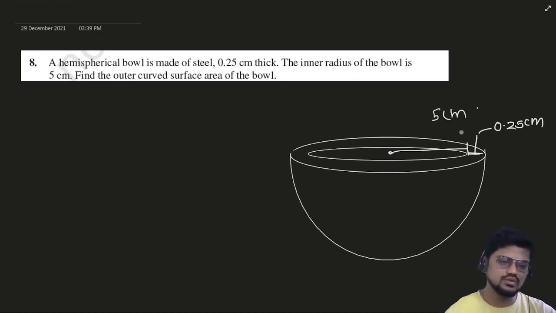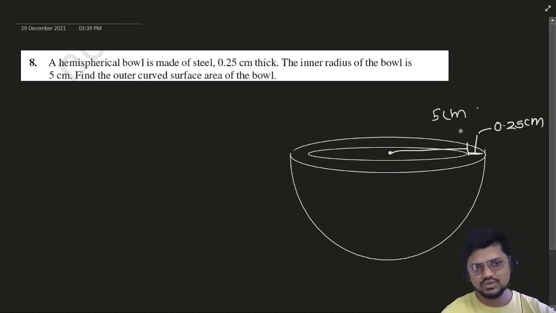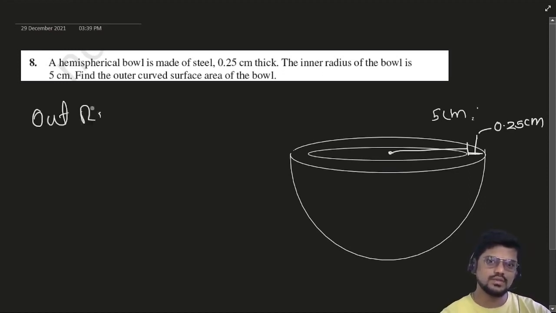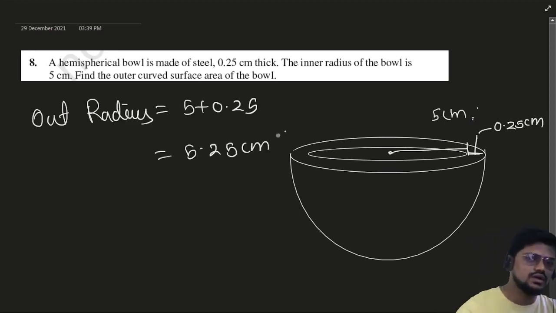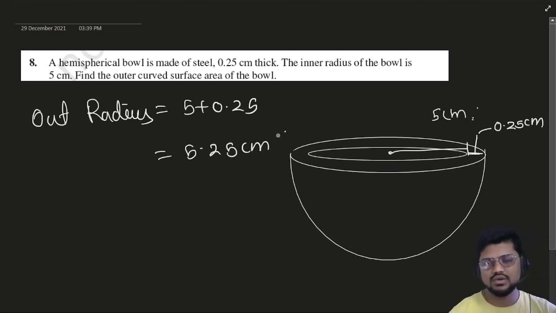Now if you want to find the outer curved surface area of the ball, so if this is 5 centimeter, what will be the outer radius? Your outer radius would be 5 plus 0.25, that is 5.25 centimeter. Now the inner radius of the ball is 5 centimeter.